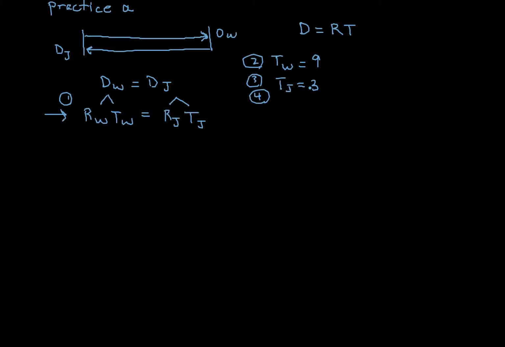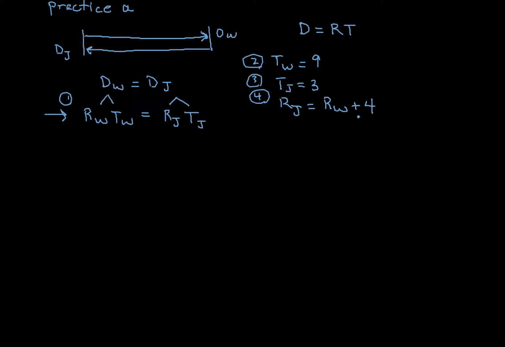And how far did they jog if they jogged 4 miles per hour faster than they walked? Well, the rate jogging is 4 miles per hour faster, so it's going to be rate walking plus 4. It's not 4 times as much, it's 4 faster.